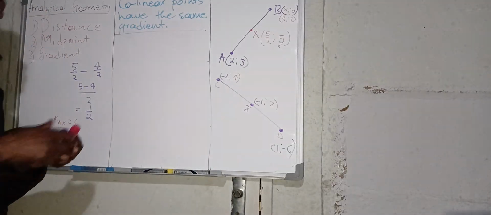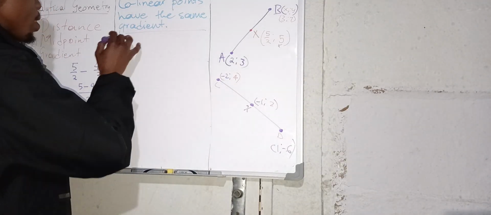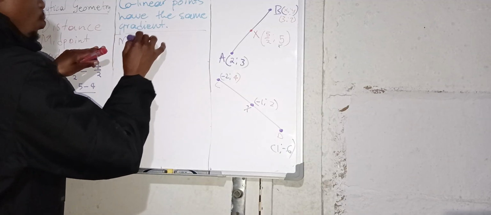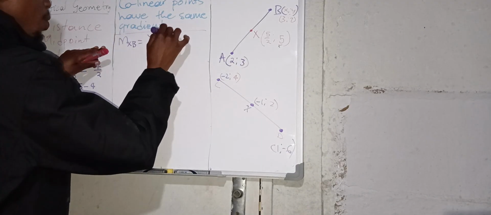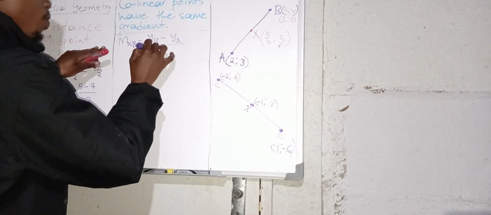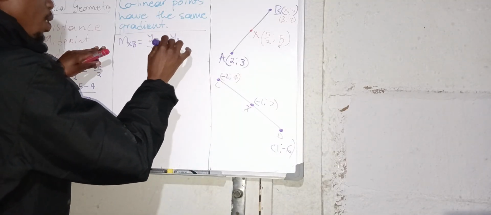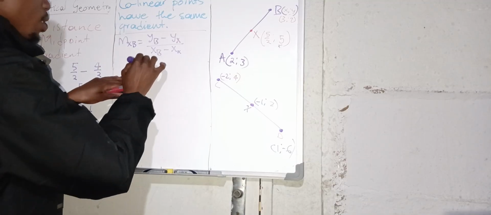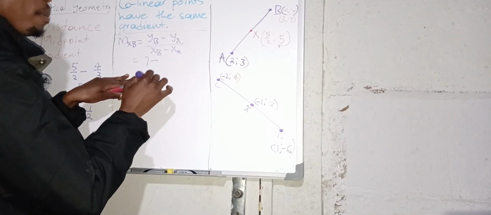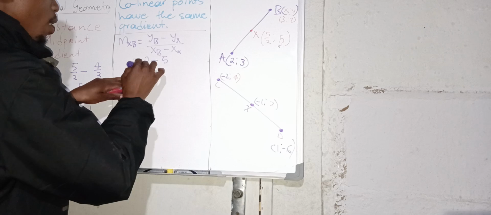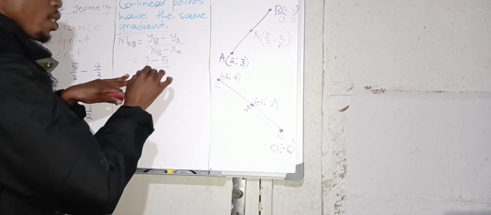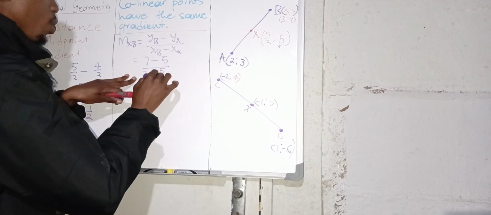So now we find the gradient of line XB. So I'm going to have YB minus YX all over XB minus XX. YB is 7 minus 5, and then divided by 3 minus 5 all over 2.